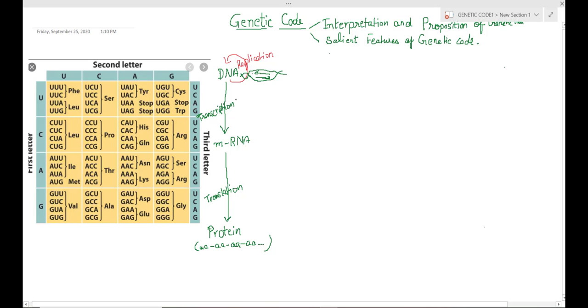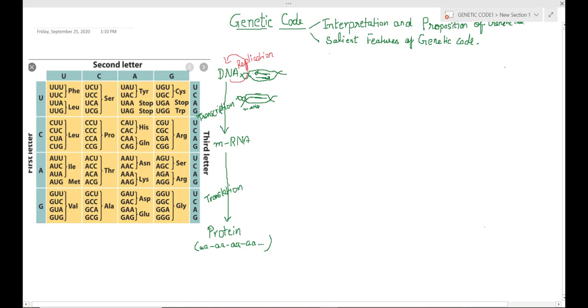In transcription, the mRNA formed is complementary to its template strand. This is the mRNA and this is the template strand. In replication, this is the daughter strand.